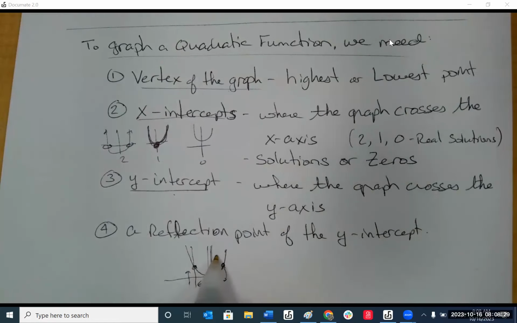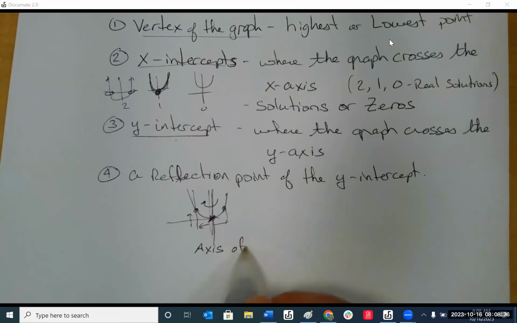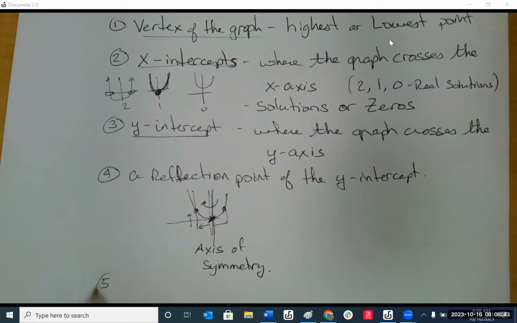It's reflective about what's called the axis of symmetry, which is the fifth thing we'll find.